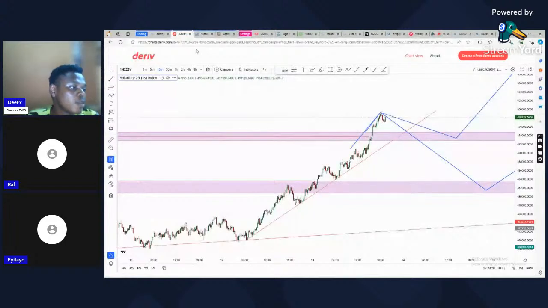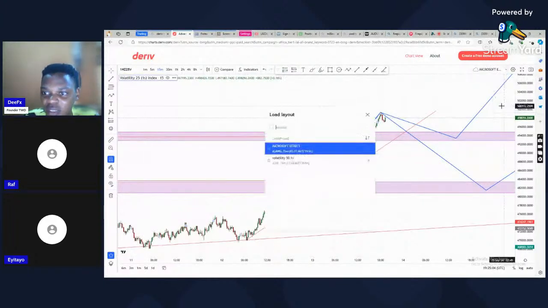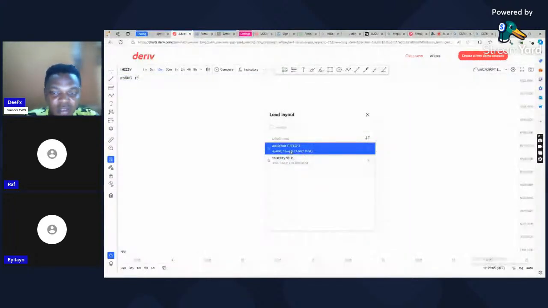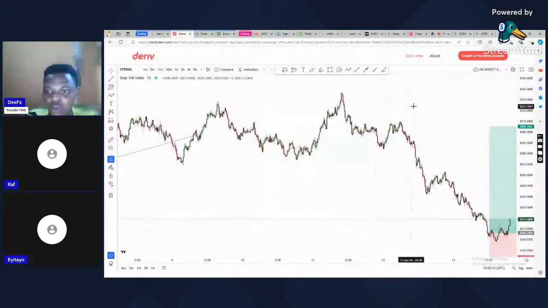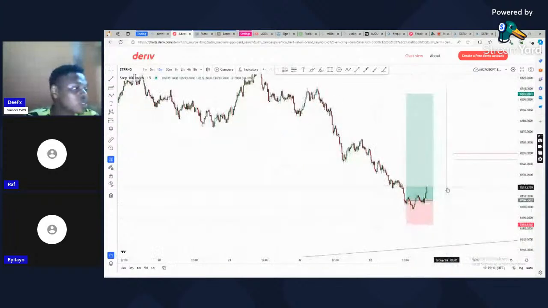So she said she doesn't understand the step index. Step index basically is just a pair. This is volatility 25 index. Where's step index? Let me go back to the step index. Okay, good. Step index is currently in a very nice profit.